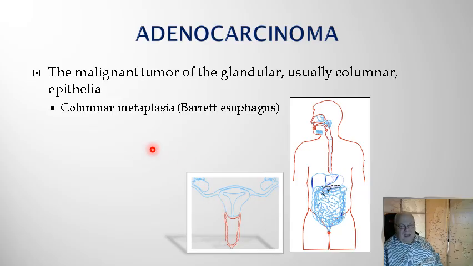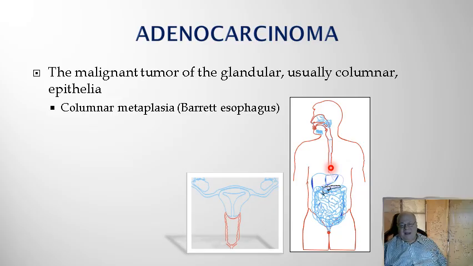And again, from unistratified metaplasia, it was the case, and we already discussed, in the lower third of the esophagus, in the context of long duration acid or biliary reflux, unistratified columnar metaplasia can appear and it's called Barrett esophagus.